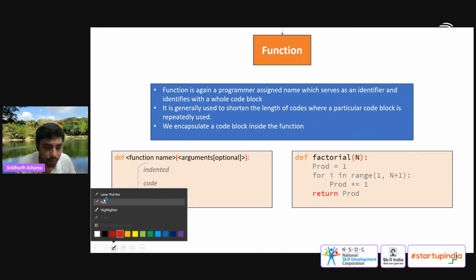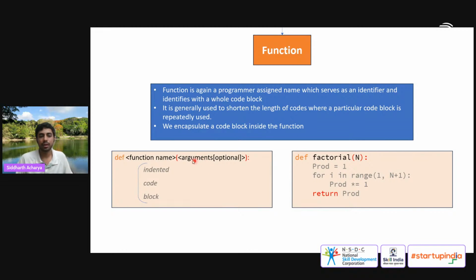So it's perfectly fine if the code block does not require any input, you can leave this completely blank. The code would still work. And please note there is this colon, which tells the Python interpreter that there would be an indented code block after this.